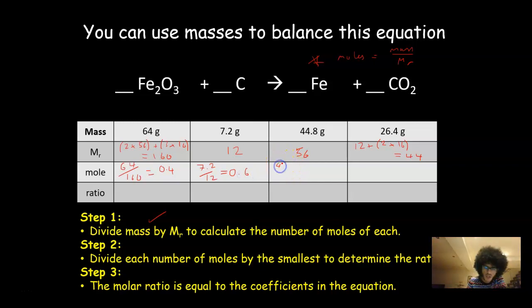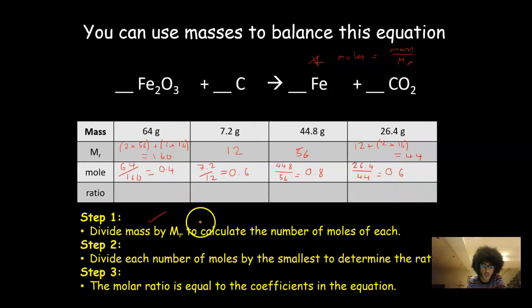For this one, it's 44.8 divided by 56, and that gives me 0.8. And then for the last one, it's 26.4 divided by 44, and that gives me 0.6. So I've done my first step.